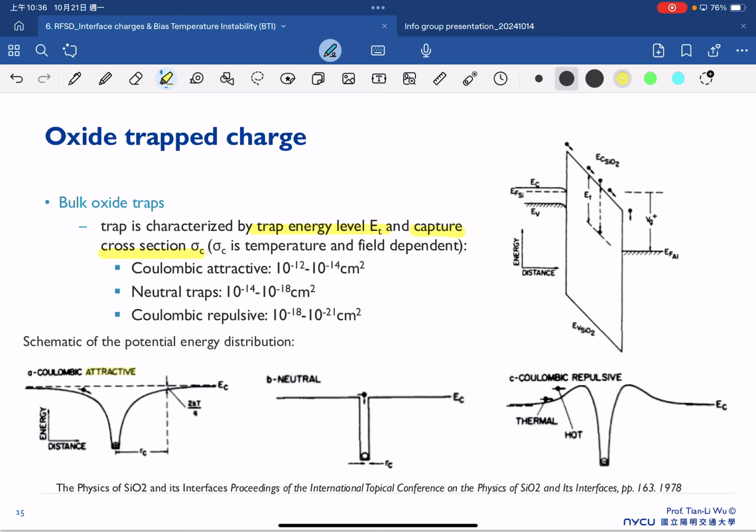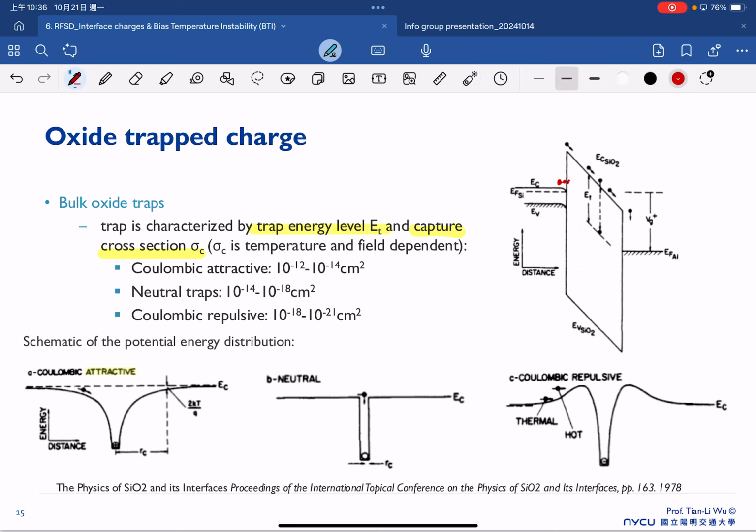So the idea of the trap energy level can be understood from this schematic as well. Once we have the defects, let's say we have a defect here, then we apply the positive gate bias.